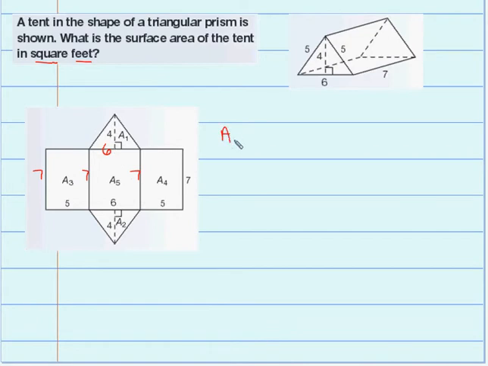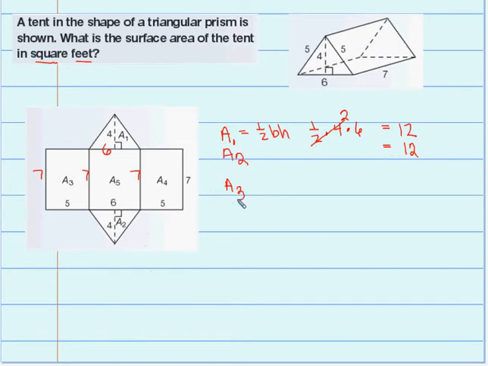So the area of 1 would be 1/2 base times height, because they're triangles. So we would take 1/2 times 4 times 6. So that would be 2 times 6, so we would end up with 12 for A1. And A2, because they're congruent, is going to be identical. So we have 12 there as well.